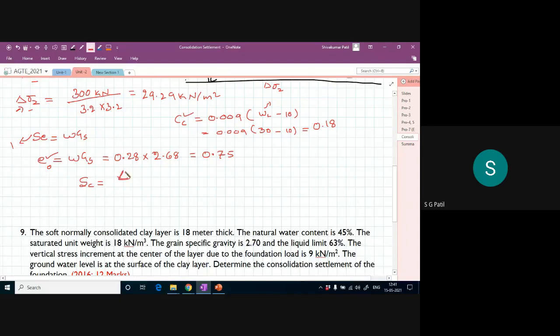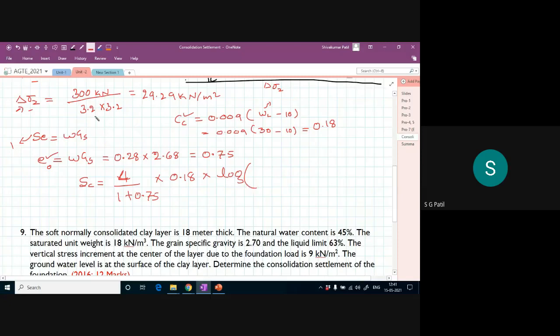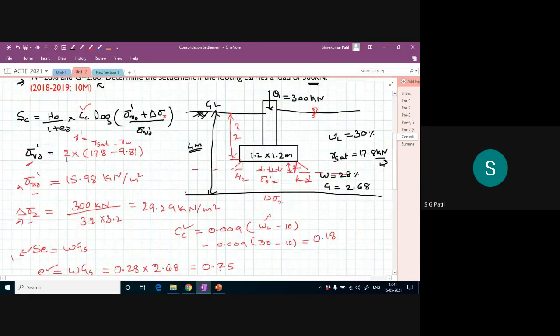So 4 divided by 1 plus E naught, 1 plus 0.75 into CC. What is CC? 0.18 into log of my sigma naught.